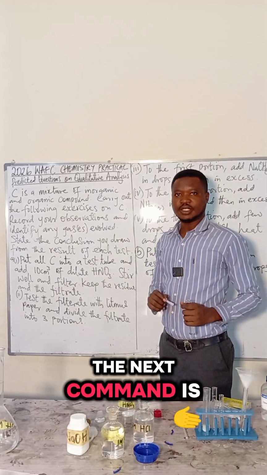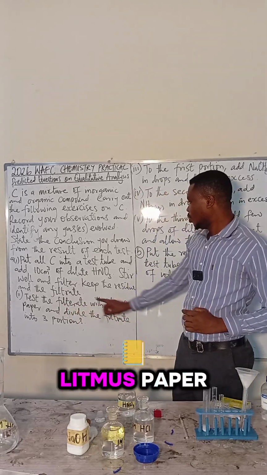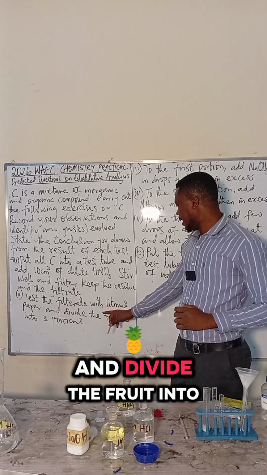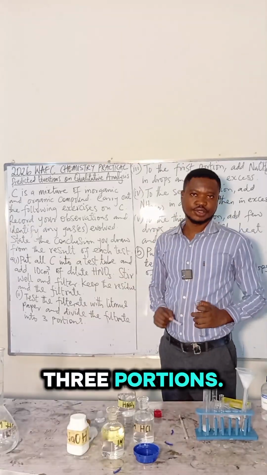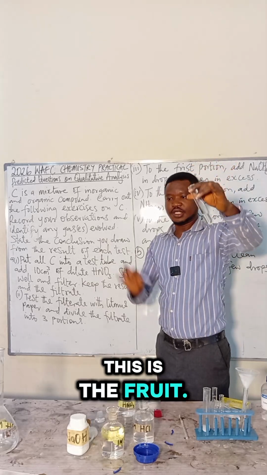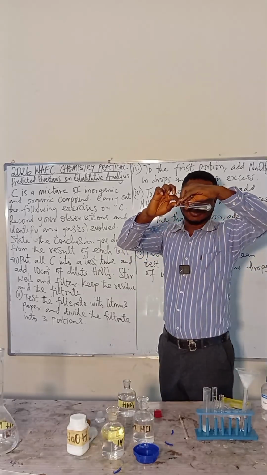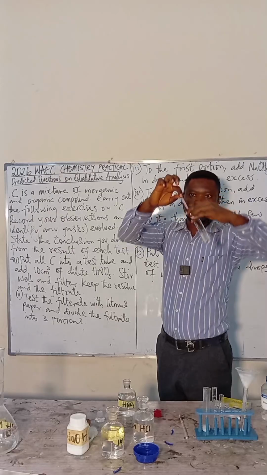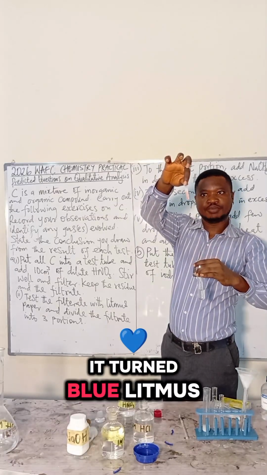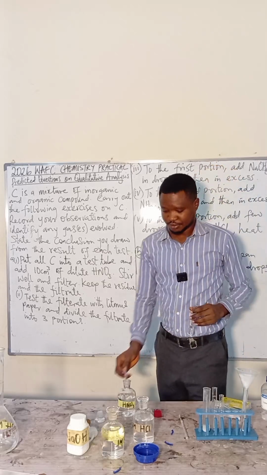The next command is to test the filtrate with litmus paper and divide the filtrate into 3 portions. Let's test the filtrate. This is the filtrate. This is blue litmus paper. It turned blue litmus paper red, meaning the filtrate is acidic.